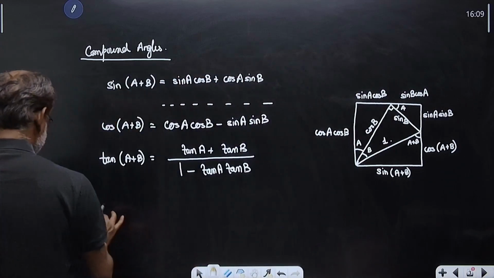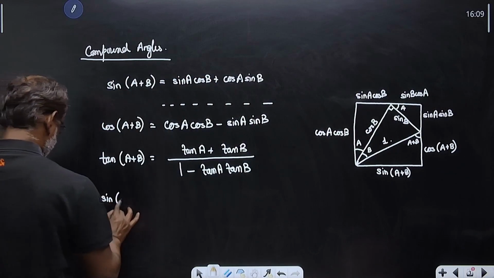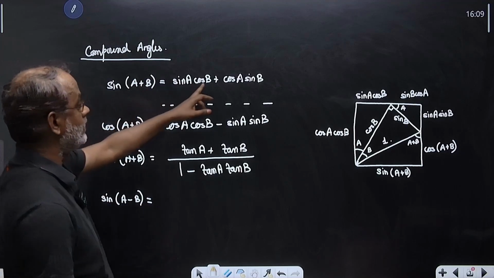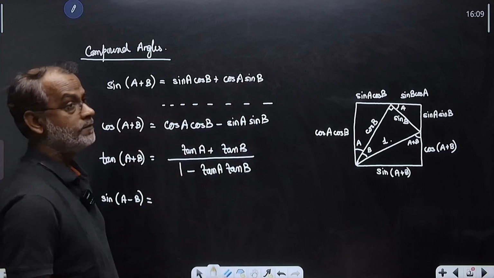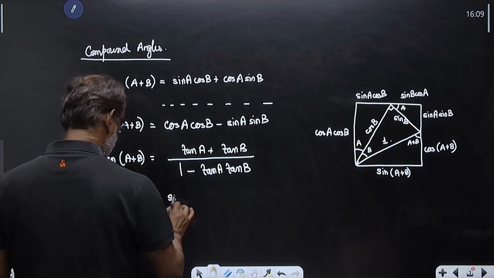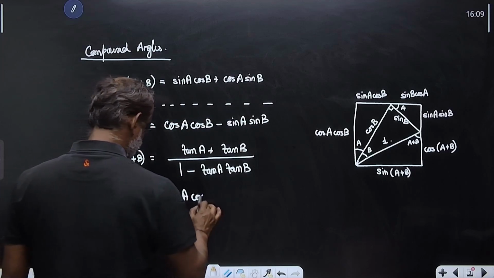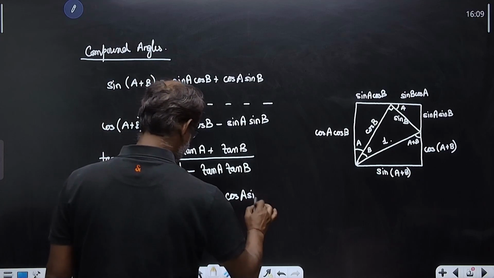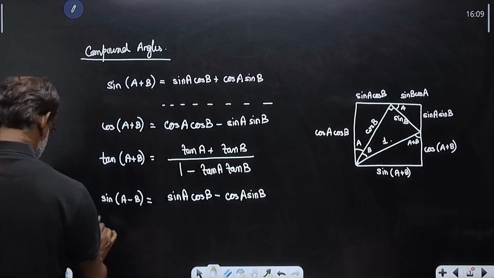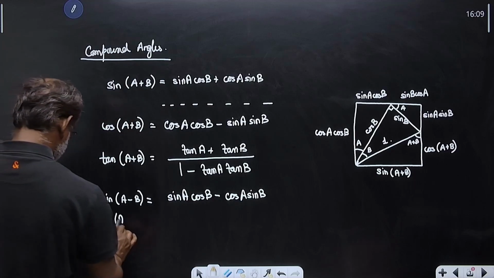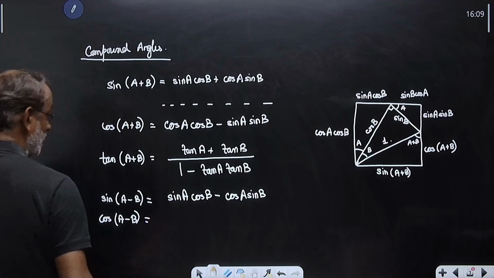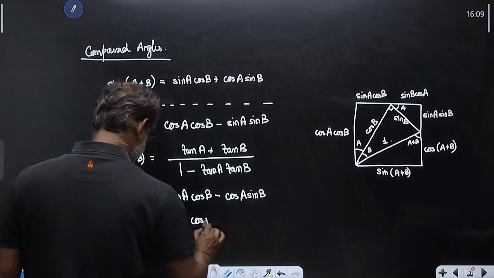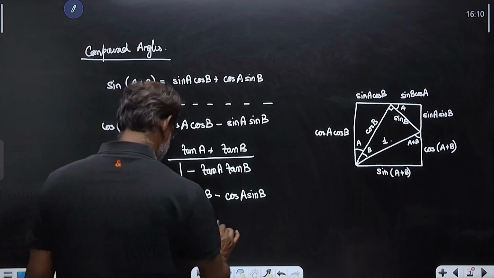Now sin A minus B. Simply replace B by minus B: cos minus B is cos B, sin minus B is minus sin B. So sin A cos B minus cos A sin B. Cos A minus B is cos A cos B, sin A sin minus B, so this becomes plus.